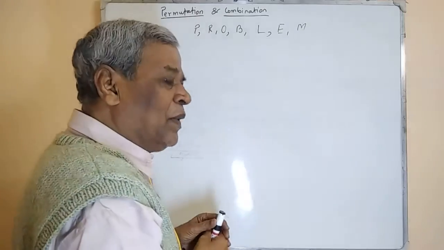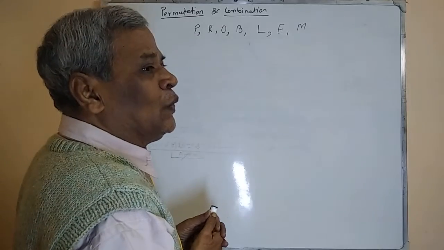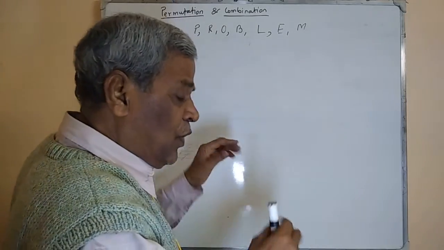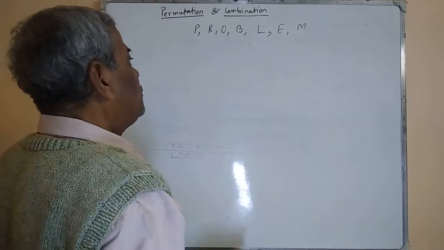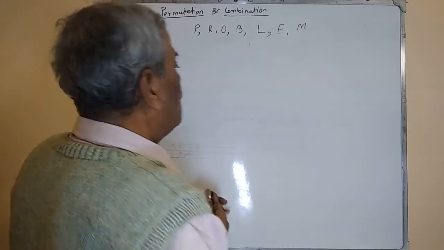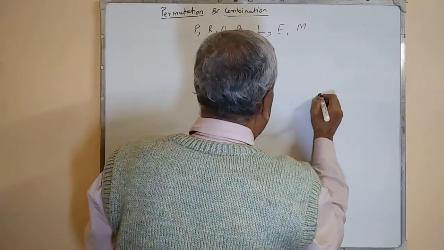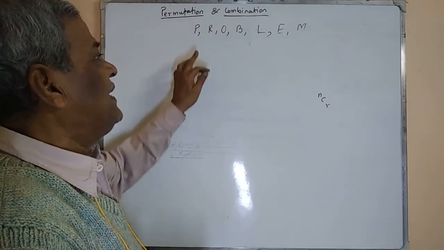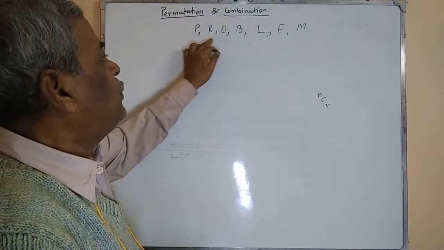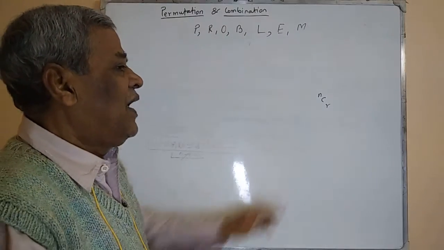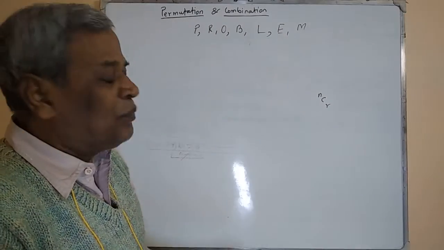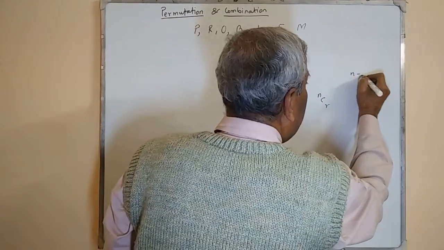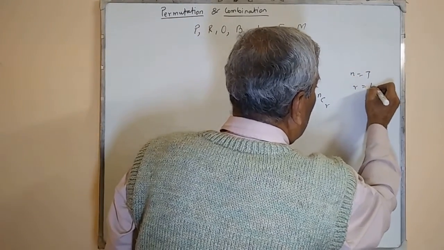So it is a problem of committee, which means it's a problem of combination. So our answer is of the type nCr. n is the total number of objects, here it is 7: 1, 2, 3, 4, 5, 6, 7. And r means we have to choose 4 at a time. So n is equal to 7 and r is equal to 4.